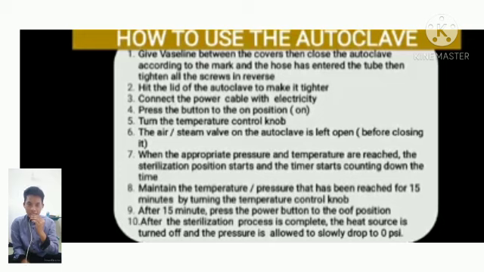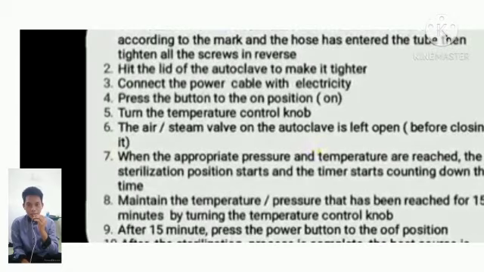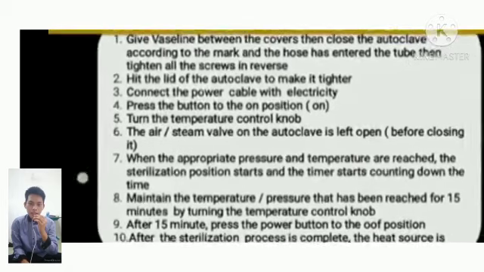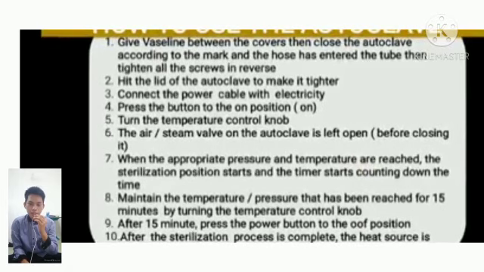Hit the lid of the autoclave to make it tighter. 3. Connect the power cable to electricity. 4. Press the button to the on position. 5. Turn the temperature control knob. 6. The air or steam valve on the autoclave is left open before closing it.